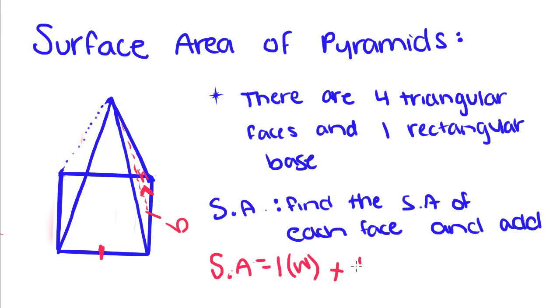So to find the area of one triangle, we're going to take 1/2 base times height. And since each one of these triangles is going to be congruent, because the only way this pyramid will completely close up top is if each one of them are congruent, we're going to multiply this by 4.